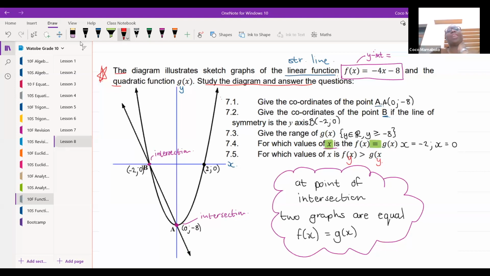F of x and g of x are my y values. But what is my f of x? My f of x is my straight line, right? And g of x is my parabola. So they're asking you guys, where is my parabola, or where is my straight line bigger than my parabola?